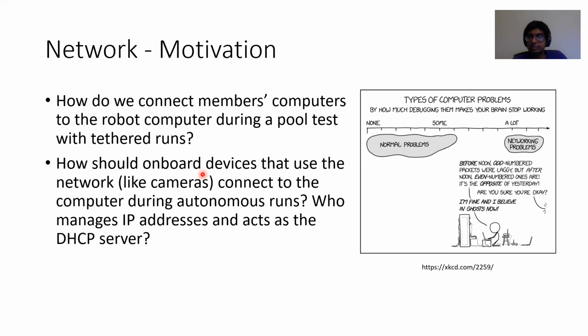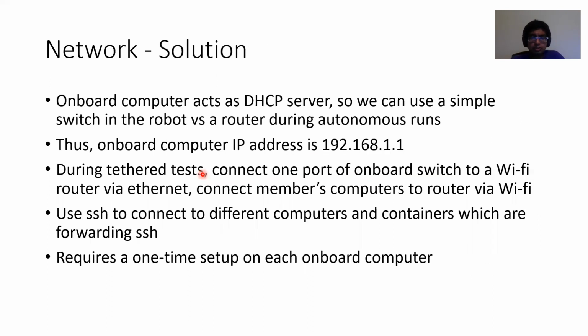Stuff like the IP address needs to be assigned to each device that's connected via Ethernet, things like that, which it's not a big deal if you don't understand networking. This is on a bit higher level stuff, but it's fine. So very basic. So the solution is simply, the onboard computer acts as the DHCP server. And so that means it's assigning the IP addresses to all of the various devices connected to the robot.